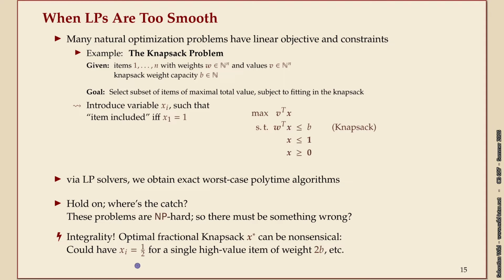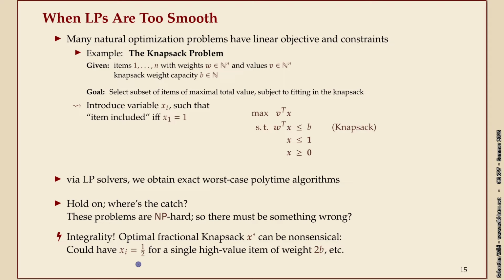And in particular, it can get really nonsensical if, for example, you have just a single item that you can choose from, but that item itself is already too heavy to take. Then the actual solution must be 0. You cannot take anything. But for example, if the weight is twice the capacity, the non-integral optimal solution that the LP will spit out is just taking half of that item. That still fits your constraint, and it gives you half of its value.